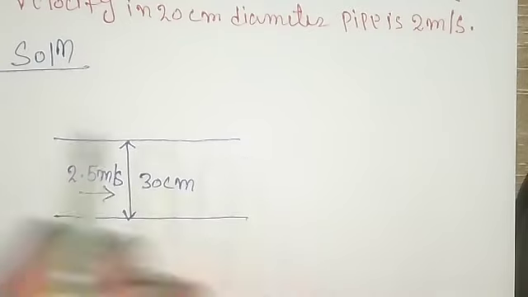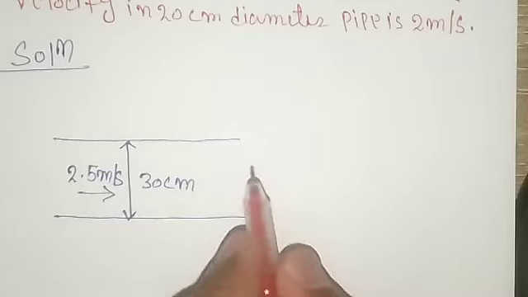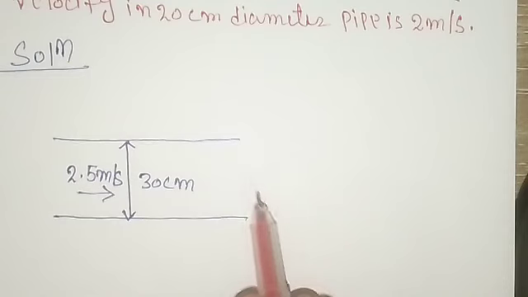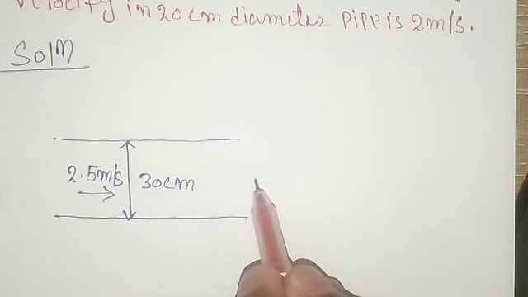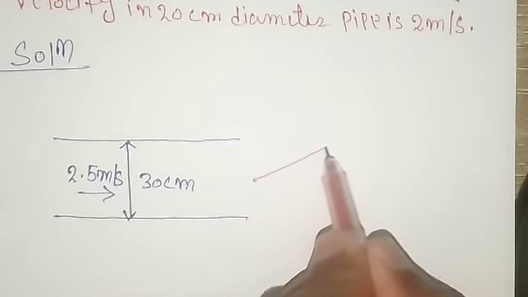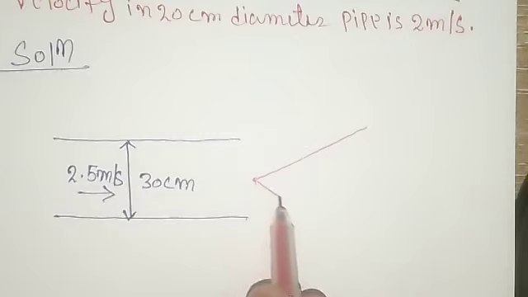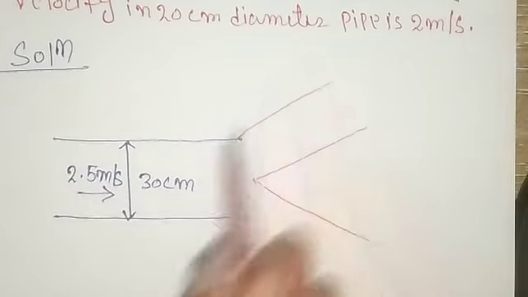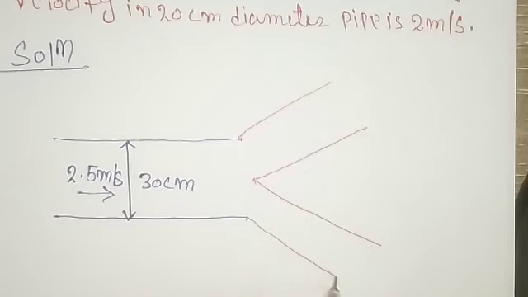Now this pipe is divided into two branches. One has a diameter of 20 centimeter and one has a diameter of 15 centimeter. So let's say it branches in this format. This diameter is 20 and this diameter is 15.